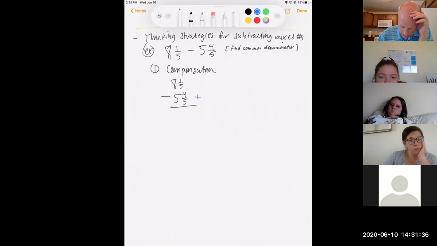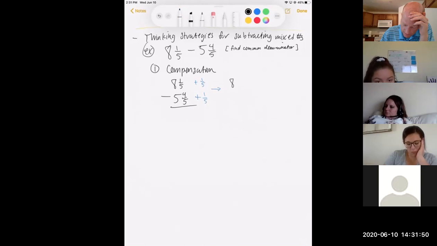To get up to the next whole number, I will add 1/5. With subtraction, you also have to add 1/5 to the top number. And we will have a new problem that will give us the same difference. 8 2/5 subtract off 6. And notice how that subtraction is easier, it's just 2 2/5.